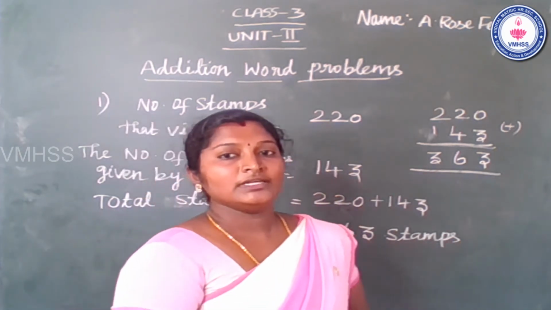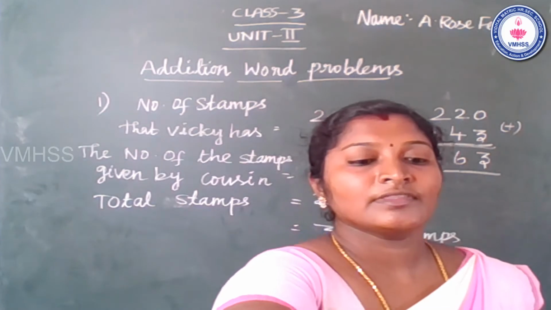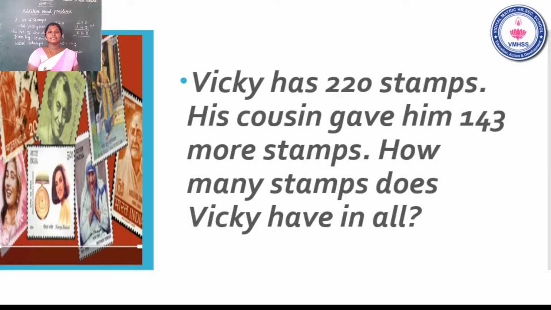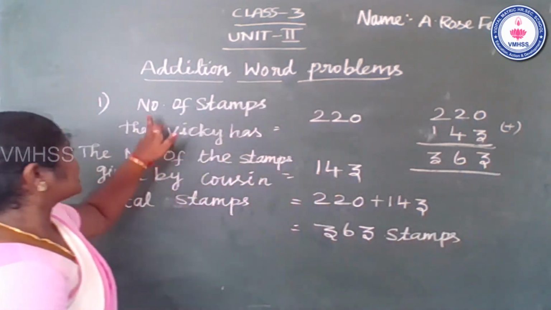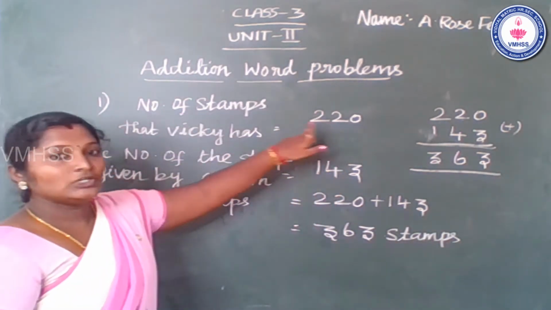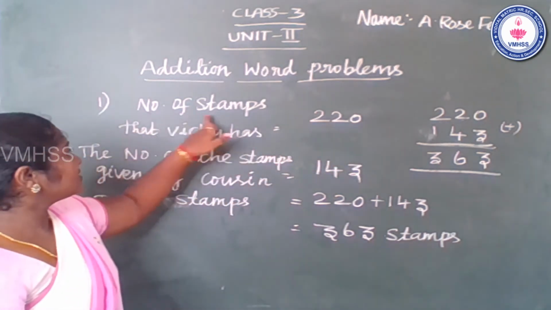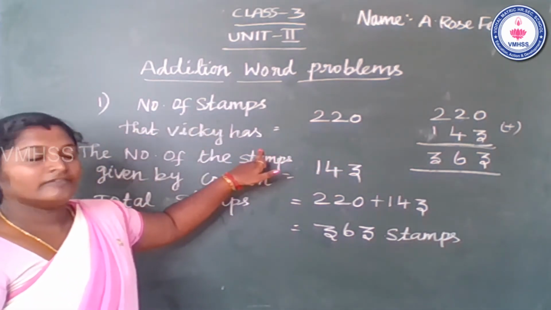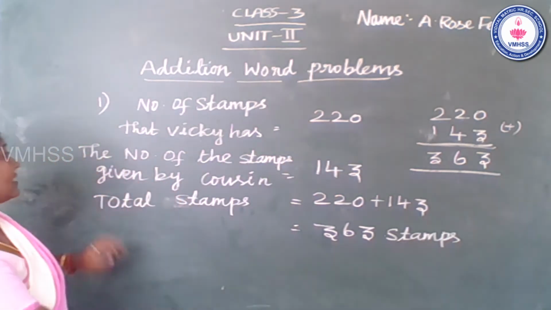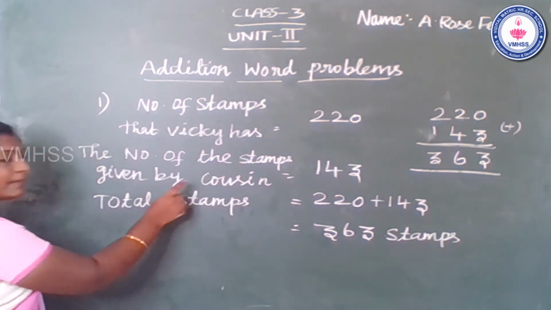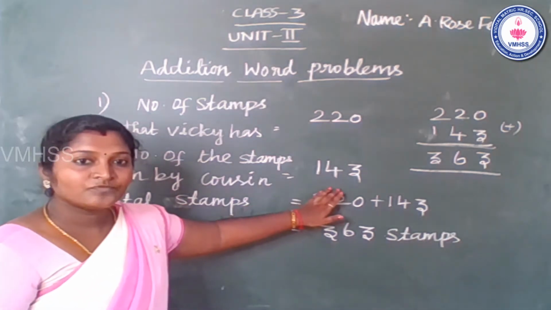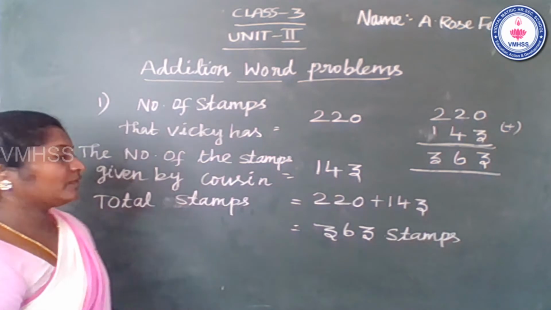Okay students, please see the slide. Vicky has 220 stamps. His friend Hasim gave him 143 more stamps. How many stamps does Vicky have in all? Please see the board. The number of stamps that Vicky has is 220. The number of stamps given by Hasim is 143.